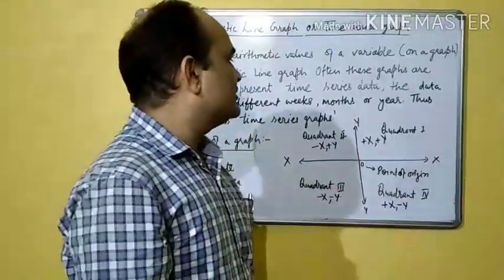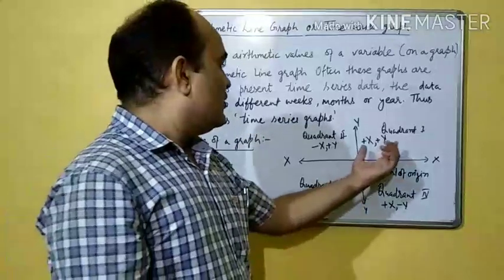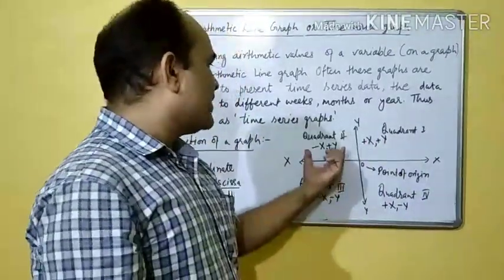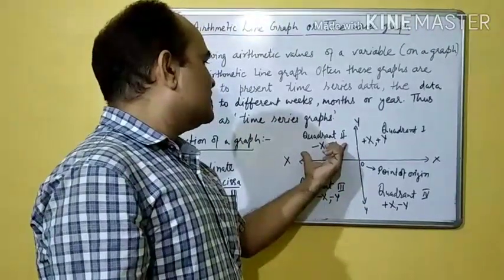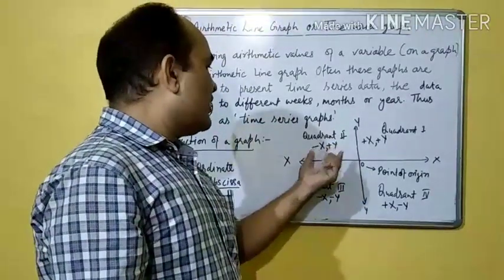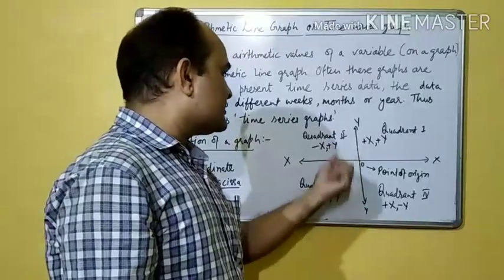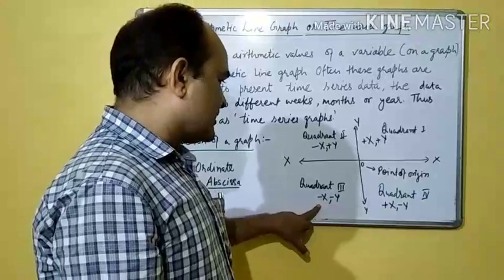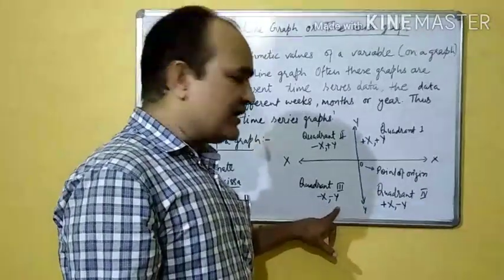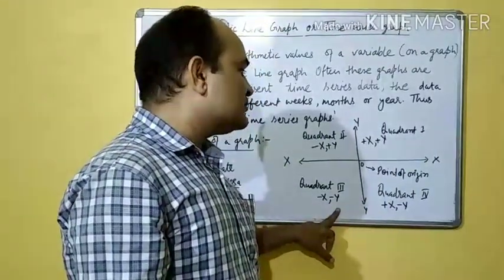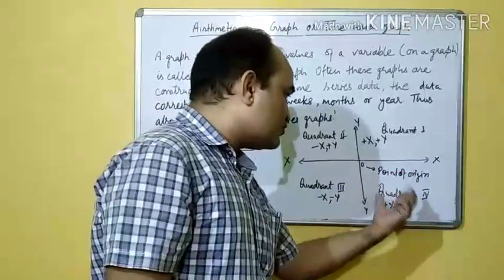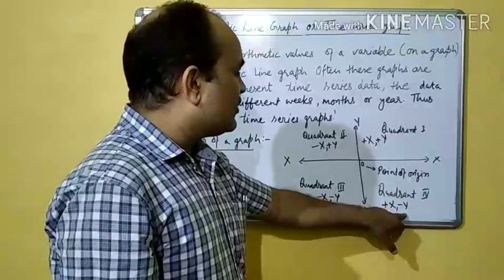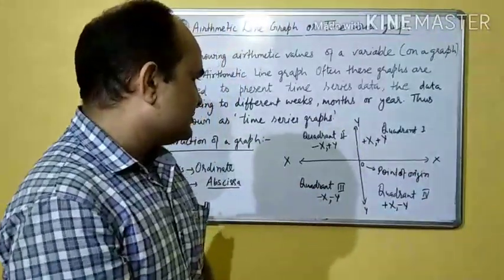The first quadrant will show both the positive values of X axis and Y axis, and quadrant 2 will represent the negative values of X axis and positive values of Y axis, and the third quadrant will represent the negative values of X axis and the negative values of Y axis, and likewise the fourth quadrant will represent the positive values of X axis and the negative values of Y axis.